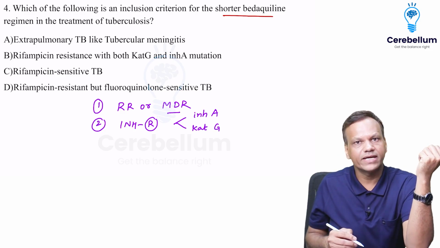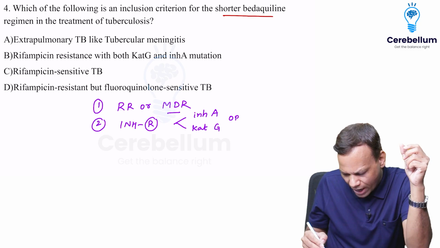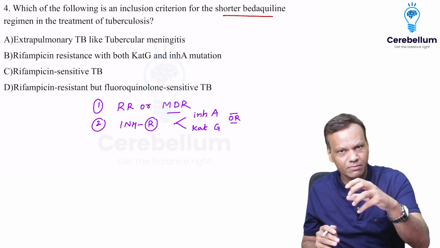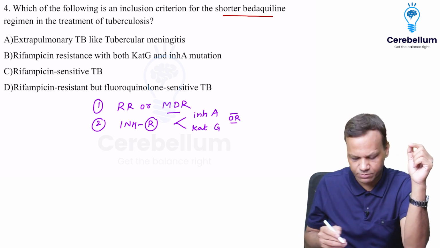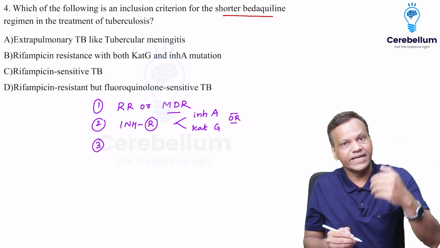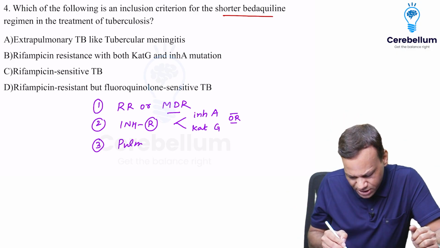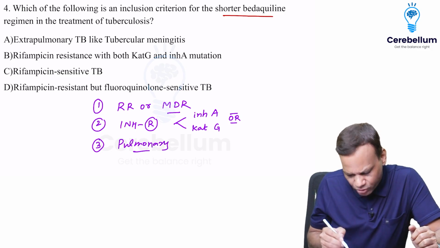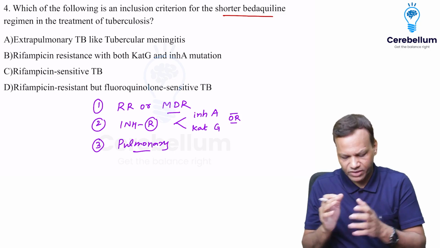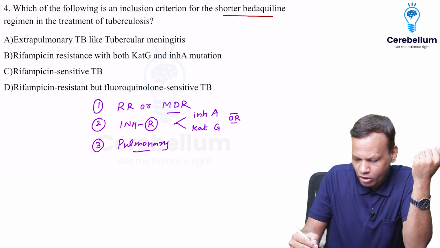So what is important is the shorter regime can be used if there is mutation in any one of them, but if there is mutation in both of them, then we should not use the shorter regime. So any one resistance. Then third, it is not indicated in severe disease, so it is only for pulmonary tuberculosis, and that too mild to moderate pulmonary TB, not for extrapulmonary tuberculosis. So these are the important guidelines where we can use the shorter regimes.